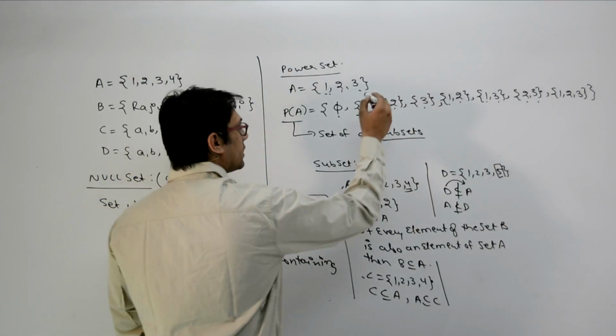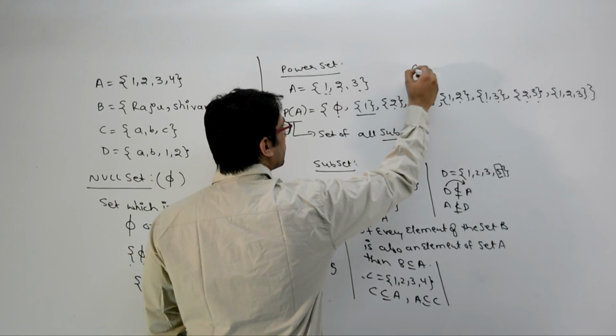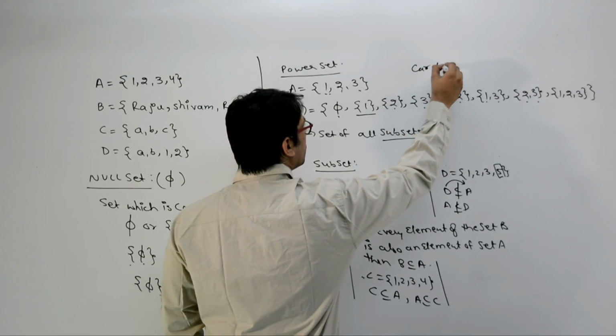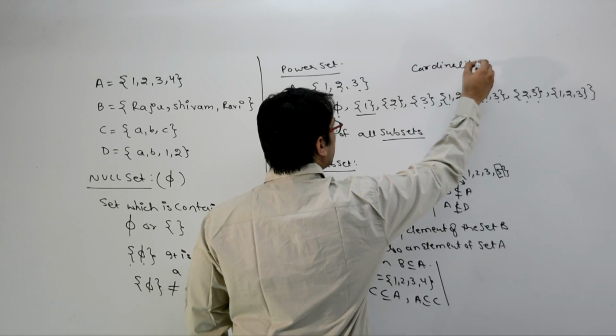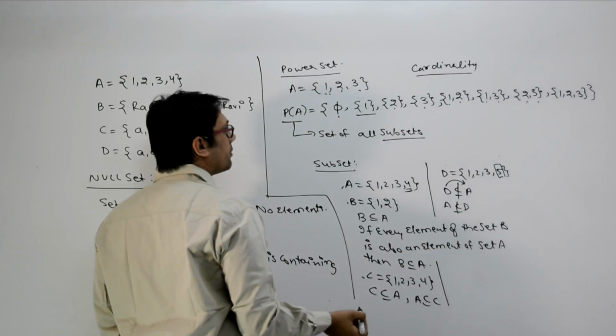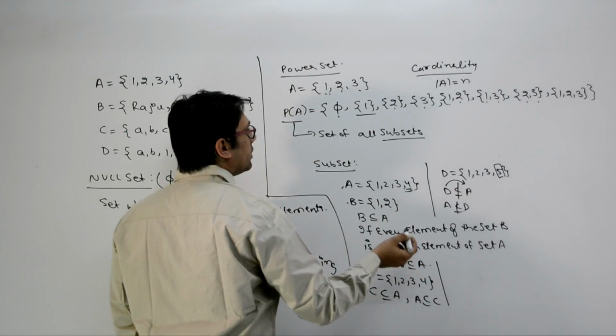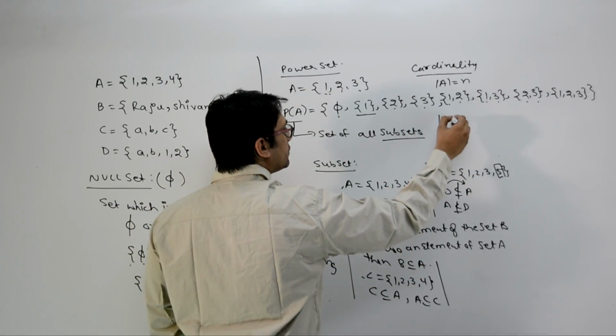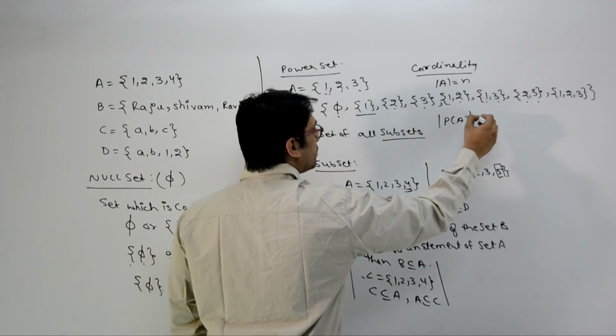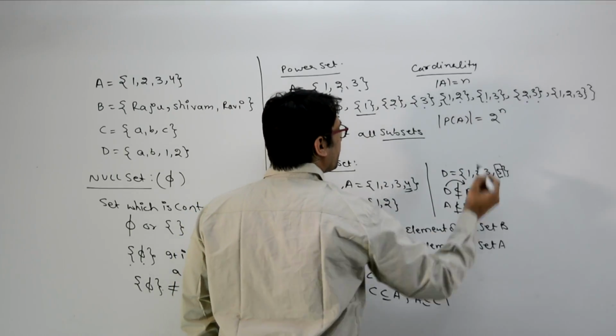Now if I say the cardinality of a set A, cardinality means the number of elements. If the cardinality of the set A is n, then the cardinality of the power set of A will be 2 raised to power n.